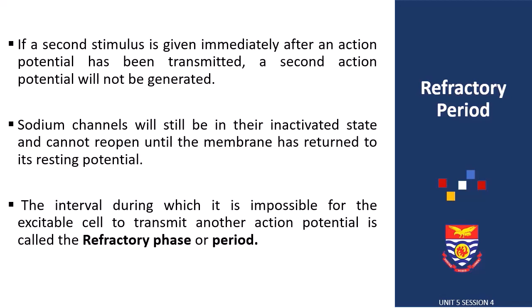So the duration in which it is impossible for the excitable cell or the neuron to transmit another action potential is referred to as refractory phase or refractory period. Because of this, action potentials are only propagated in one direction.